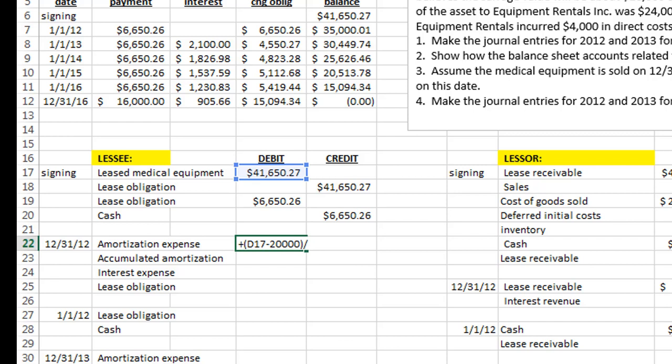This must have been a capital asset because the present value of the minimum lease payments was 100% of the fair value. So we're going to use the lease term, which is 5 years. So I took the cost of the asset minus the salvage over the 5-year term.